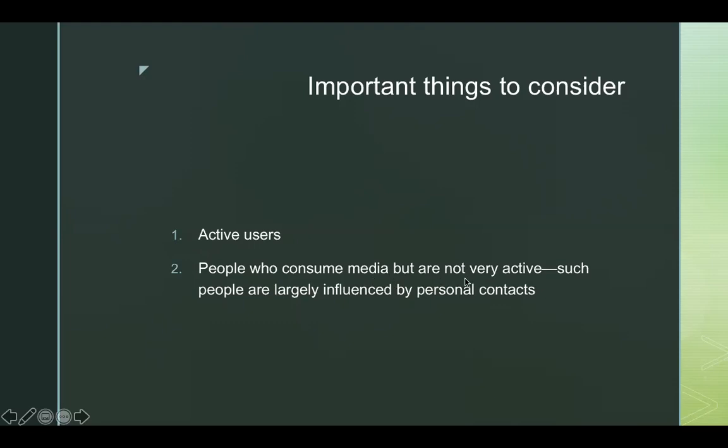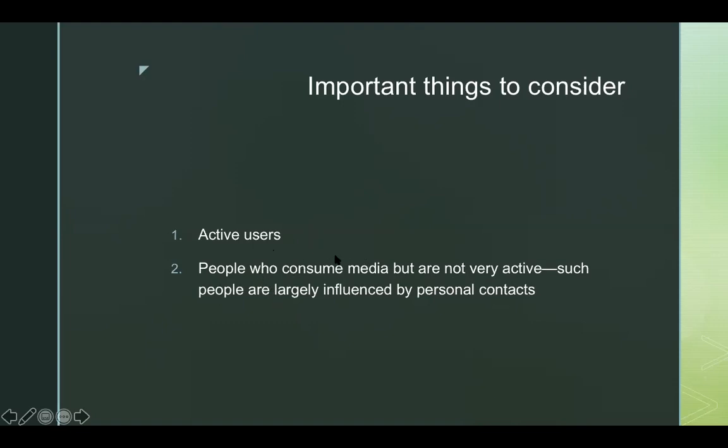Maybe their media consumption is less, or they do not consume media at all. So such people are largely influenced by their personal context. In this model, it is really important for us to understand that there can be two types of people. First, active users of media, and second, people who are less active.